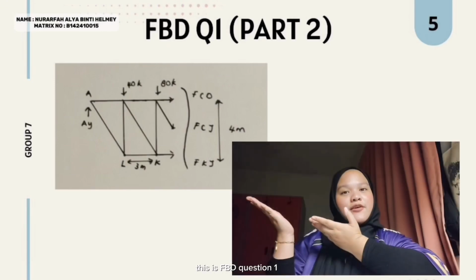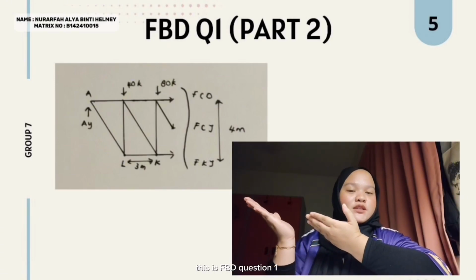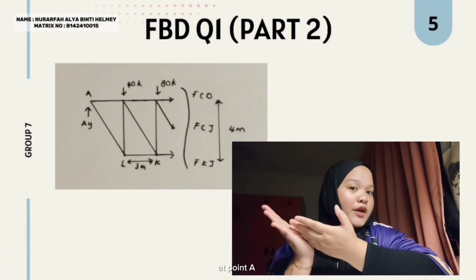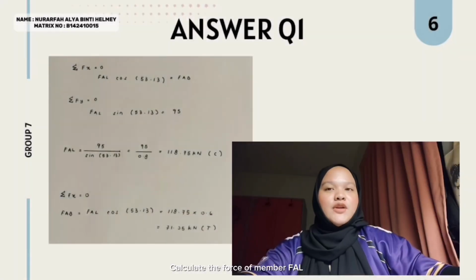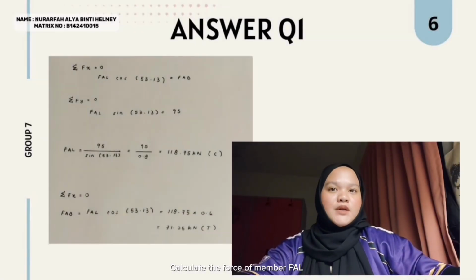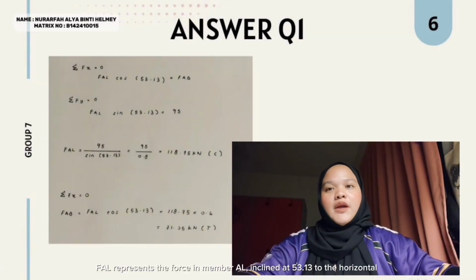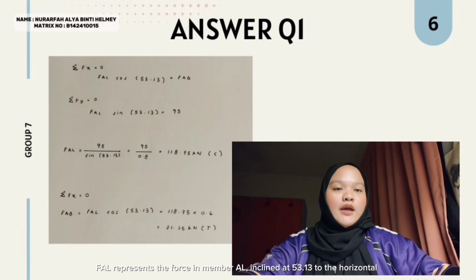This is FBD question 1 at point A. Calculate the force of member FAL. FAL represents the force in member AL inclined at 53.13 degrees to the horizontal.